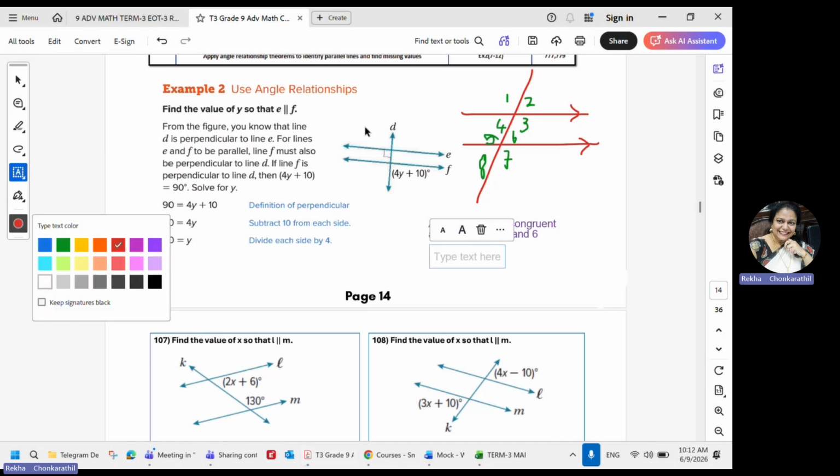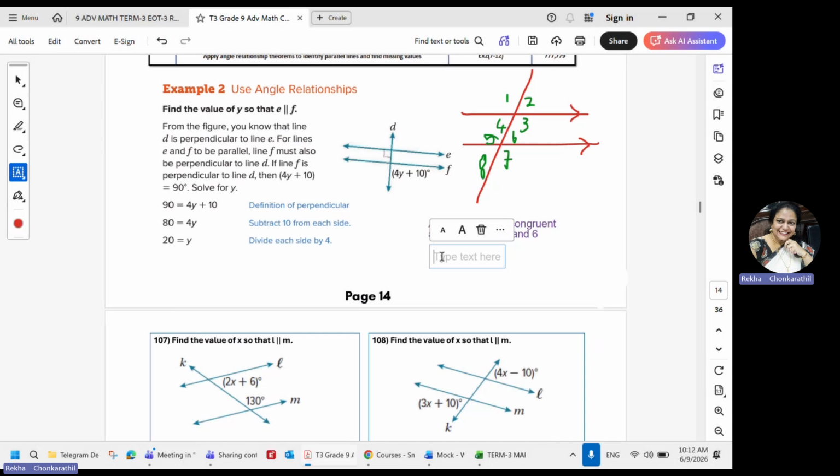Alternate exterior angles are also congruent. And what are alternate exterior here? Angles 1 and 7. The other pair is 2 and 8.